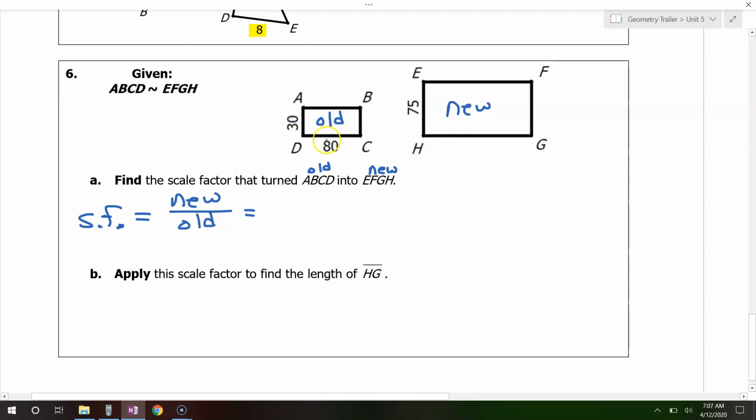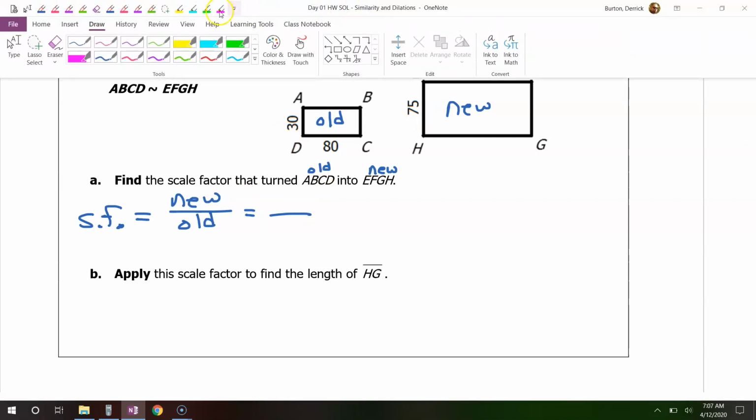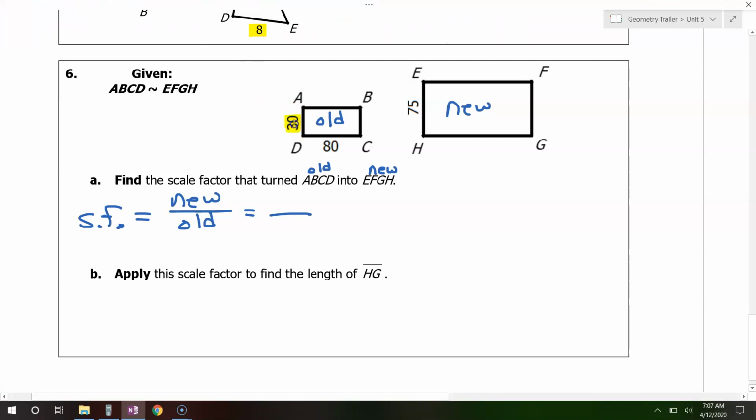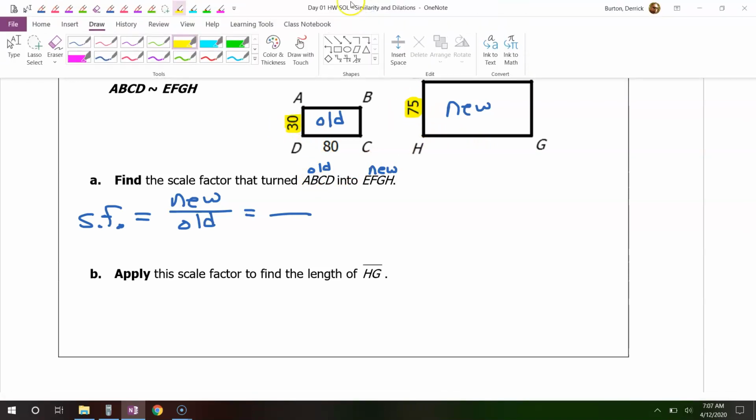Okay, so just make sure you're using your corresponding sides. So new over old. Let's focus in on the 30 and the 75, which are obviously corresponding. The 80, we don't have whatever number matches with 80. We don't know what that is yet. But we have the 30 and the 75, so let's use that.